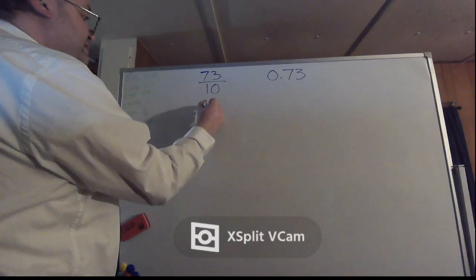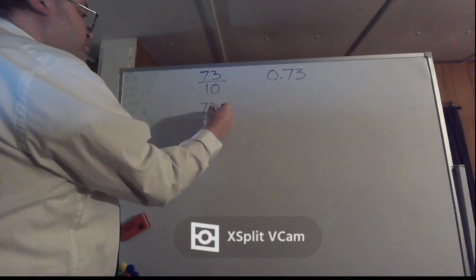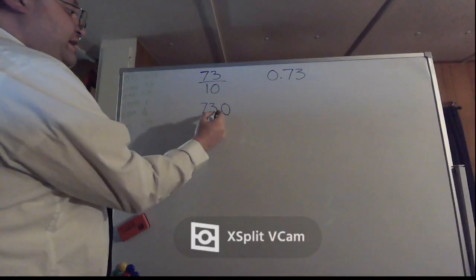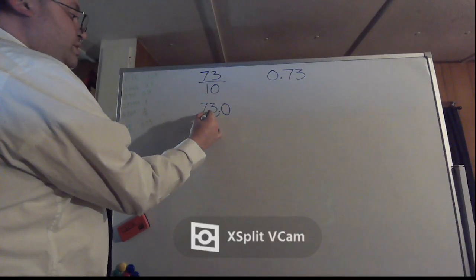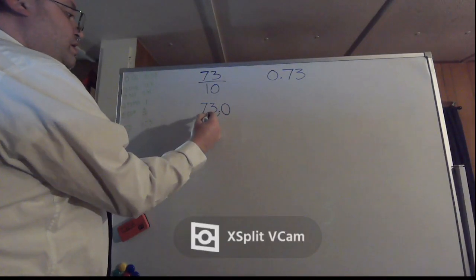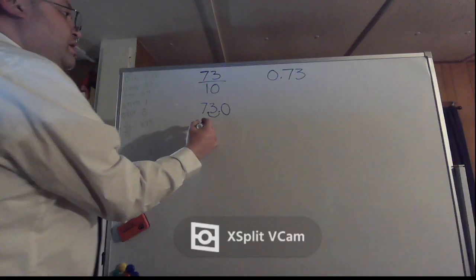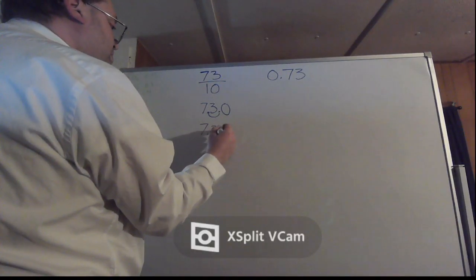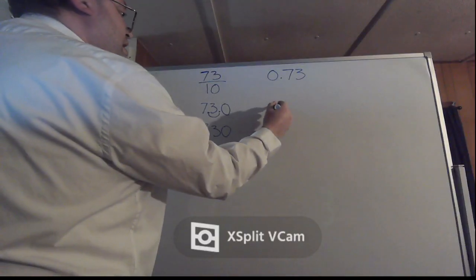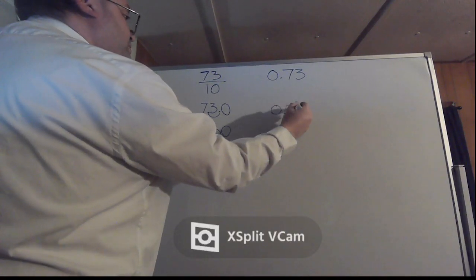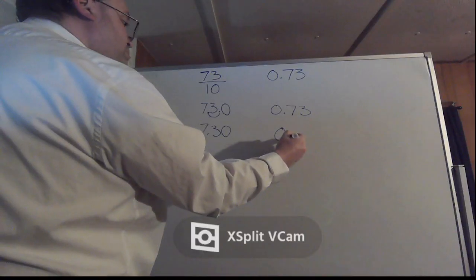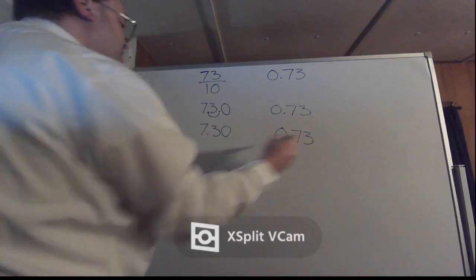So that would be 73.0. And since we have a 10 in the denominator, we move the decimal place back 1. Which would give us 7.30. I'm just going to write the 0.73 here for good measure. And then we have 0.73.